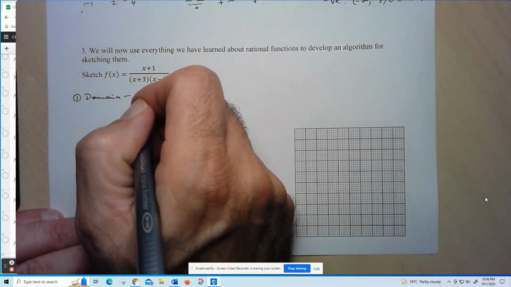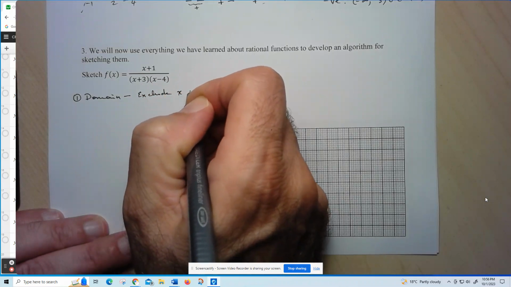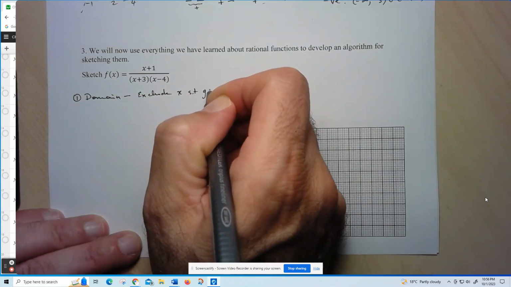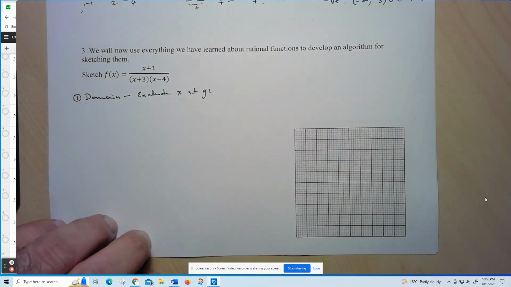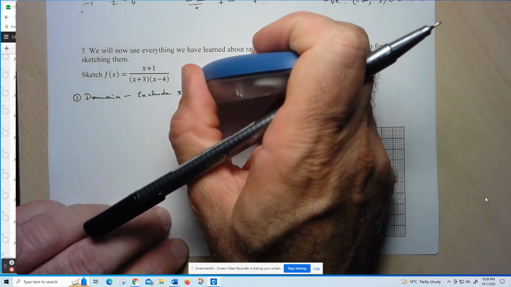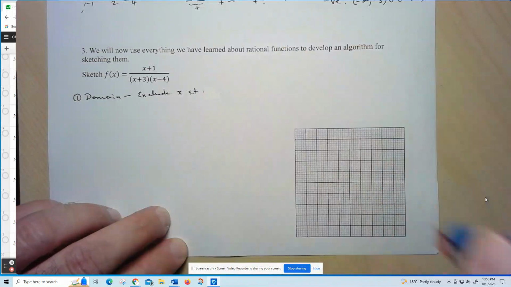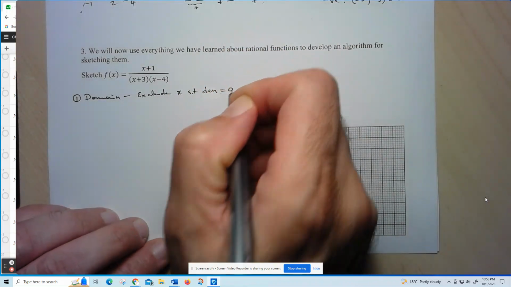So we're going to say exclude x such that the denominator is equal to 0.